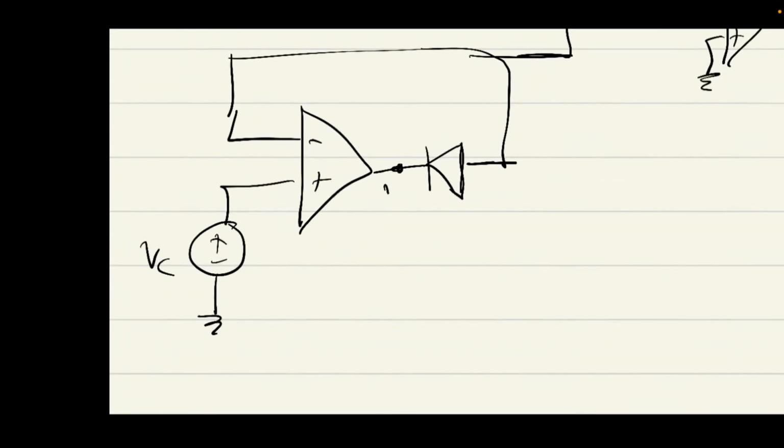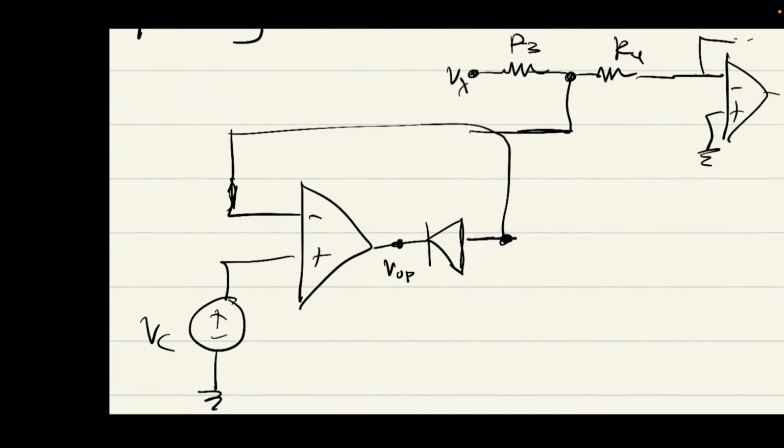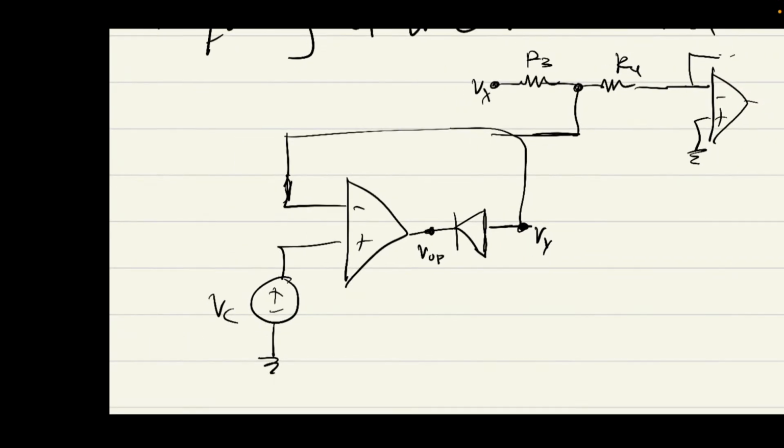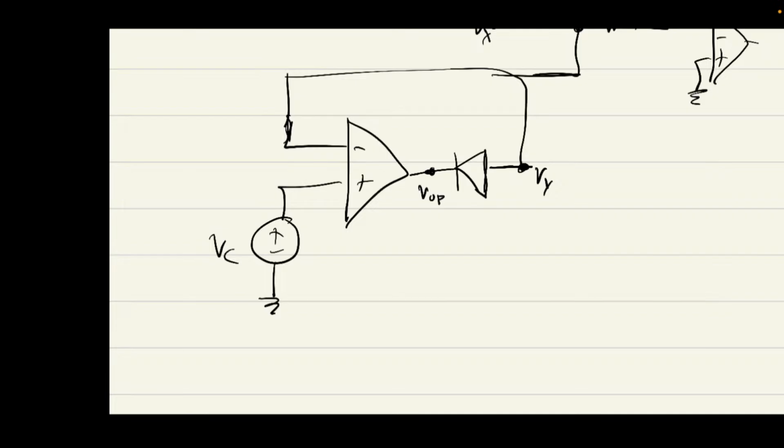I'm going to denote this as V op for operational amplifier voltage, and I'll denote this as Vy because it is actually just Vy. Now consider V plus minus V minus, the difference at the input. And we know that V op is going to be some factor of this.